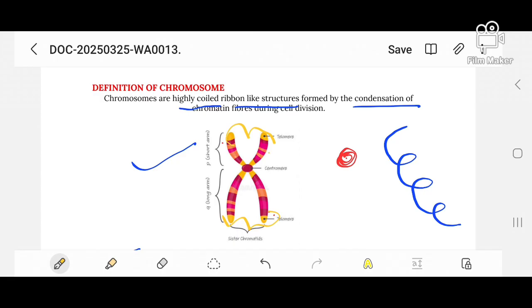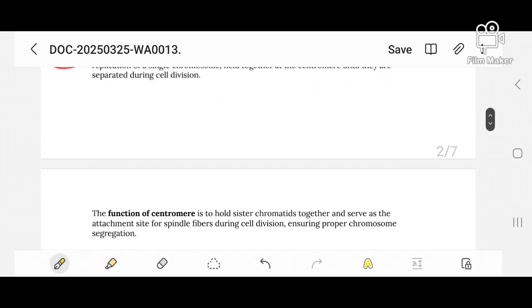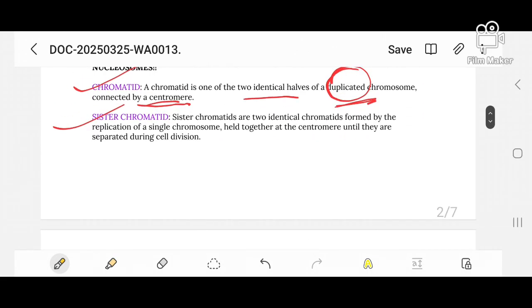This one and this one, see it is written over here. They are the sister chromatids. These two opposite telomeres, you can see the telomere is written. These two opposite are sister chromatids. Okay, these two opposite hands. So sister chromatids are two identical chromatids formed by the replication of a single chromosome held together at the centromere until they are separated during cell division. Definition will come.